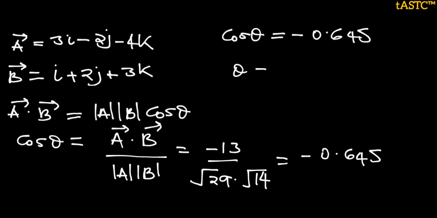So in order to get the angle, we need to take the inverse of this, which is called the arc cosine. So that is going to be cosine to the negative 1. And here we're going to have 0.6, now I need to write this as minus 0.645.